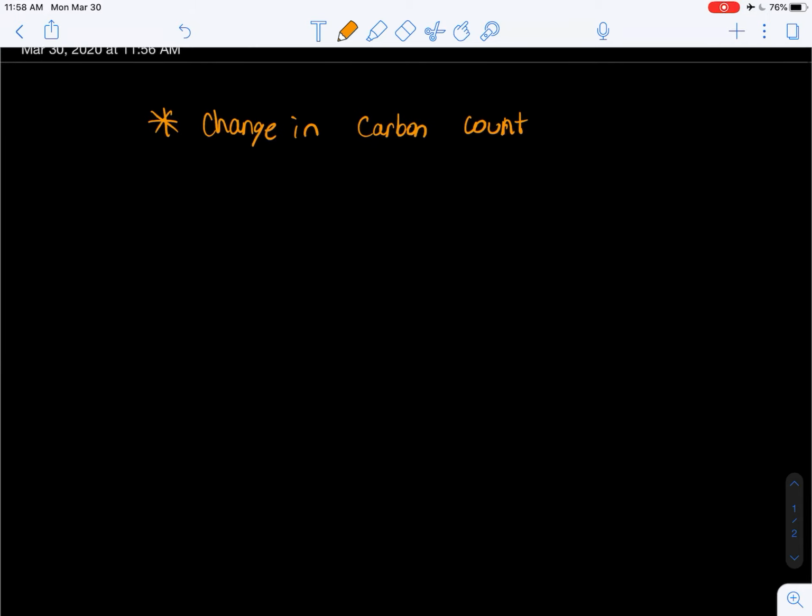If there are, you want to think about how you would introduce additional carbon-carbon bonds. Carbon-carbon bonds can be made from Grignards or cuprates.